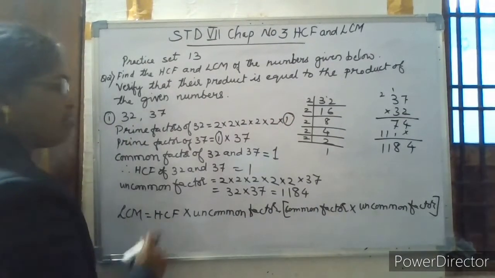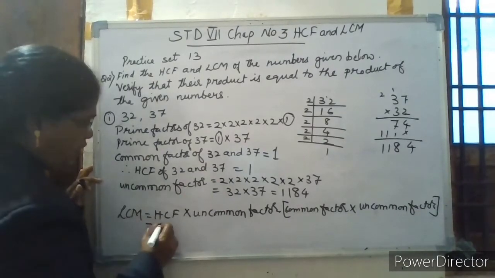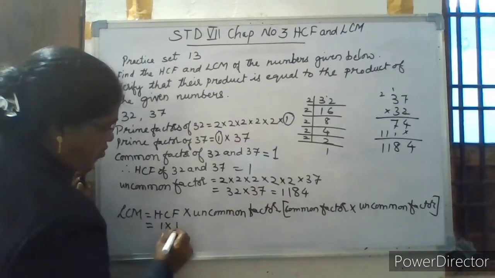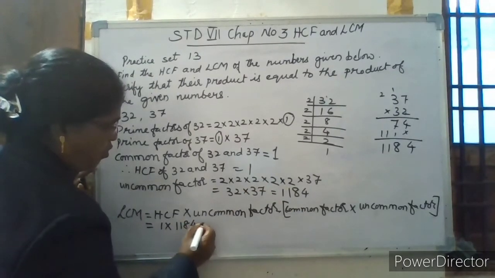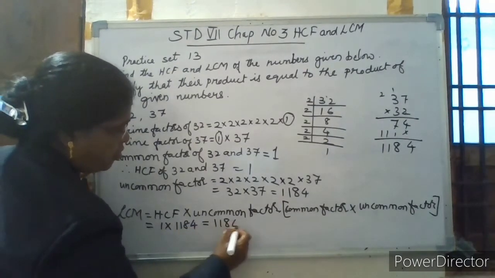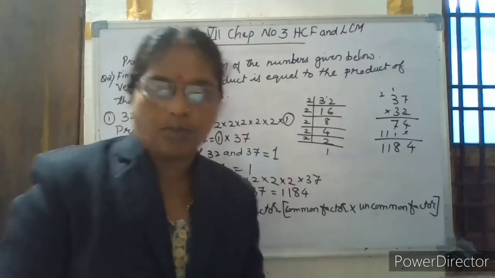So LCM is equal to HCF, which is 1, multiplied by uncommon factor, which we have got as 1184. So 1 into any number is equal to the same number. So the LCM here is 1184.